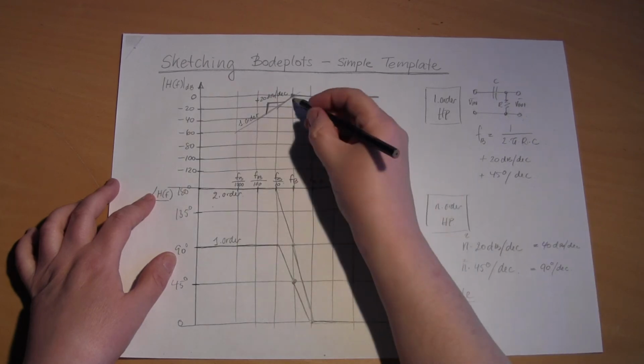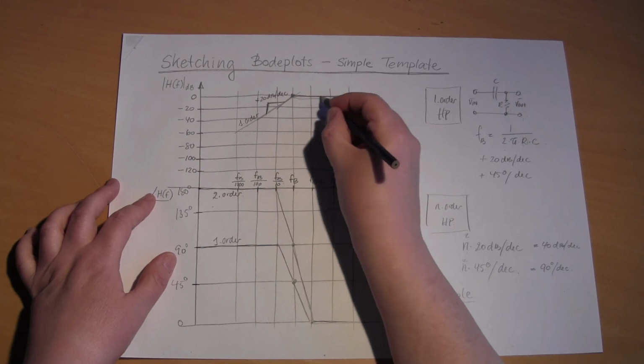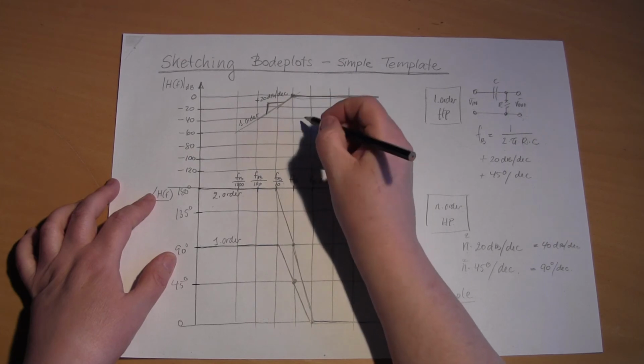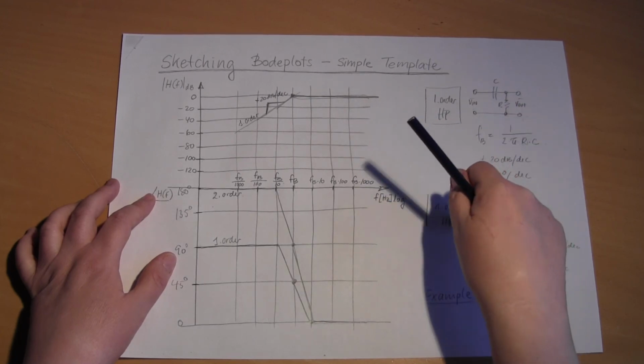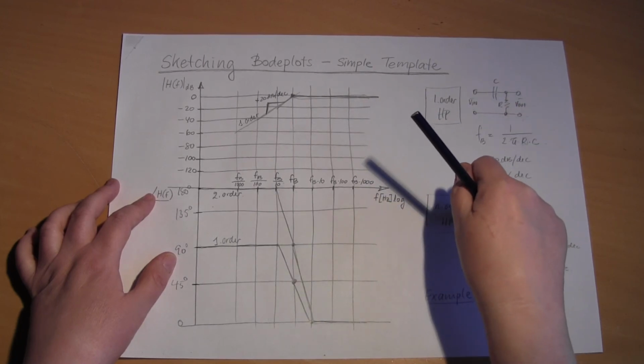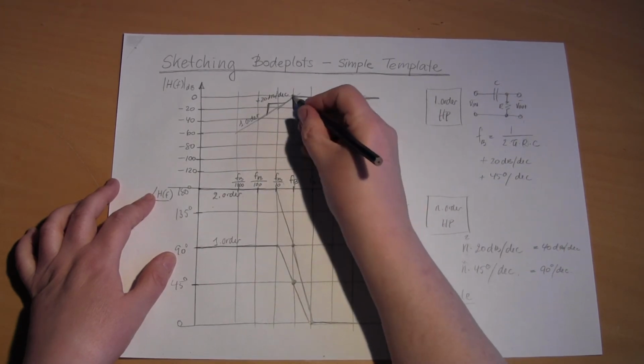Well, at the breakpoint frequency we will have the 0 dB, even though we know it will be minus 3 dB for first order, and also for an ideal nth order we assume we have 0 dB at this point.